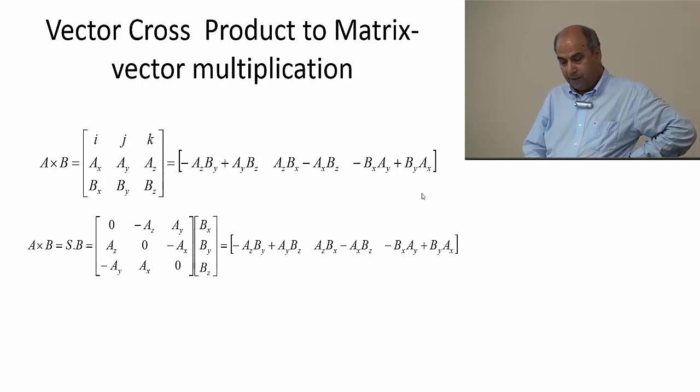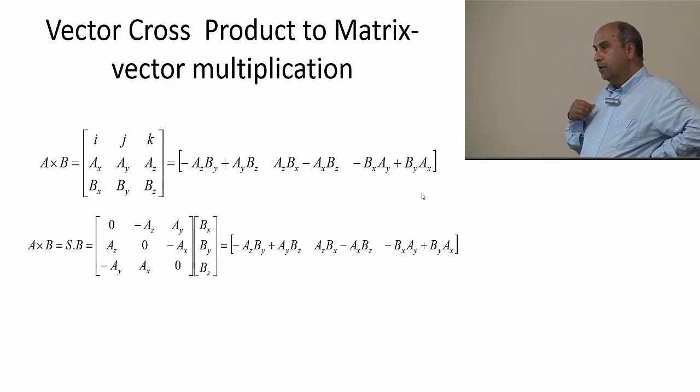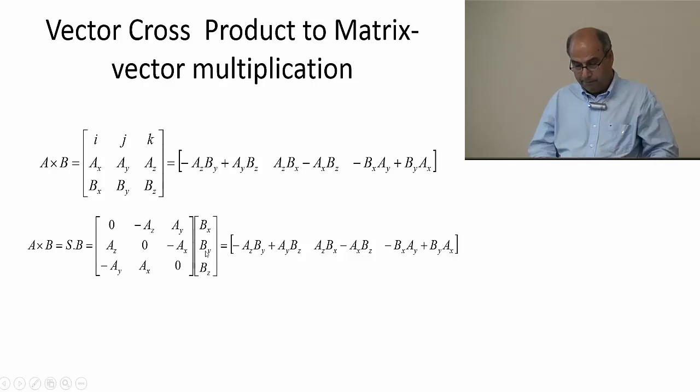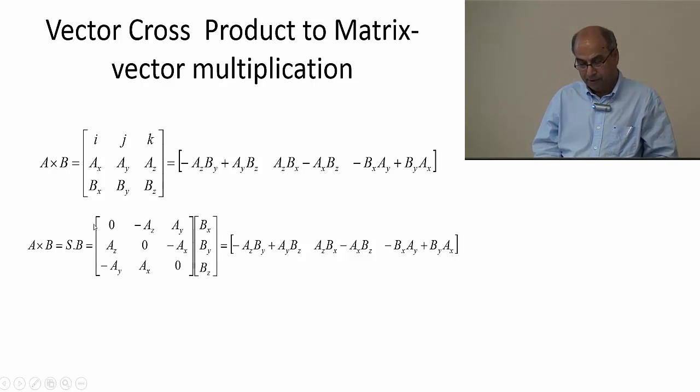Now the question is that we can do the cross product using matrix multiplication. So we have this vector, the B vector. From the A vector we will find this anti-symmetric matrix. Anti-symmetric matrix is that you look at the diagonal, then these elements are negative.